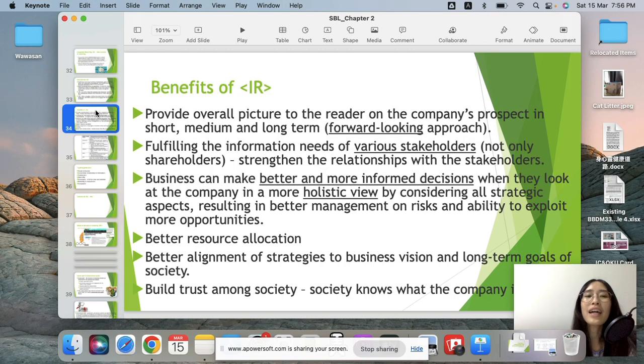The benefit of IR includes overall picture. It provides a holistic view. It is not about past result, whatever that we have done in the past only. Because past result actually have lesser value because it is something that we cannot change already. And it does not mean with the past result, it is going to repeat in the future. It does not mean like this.